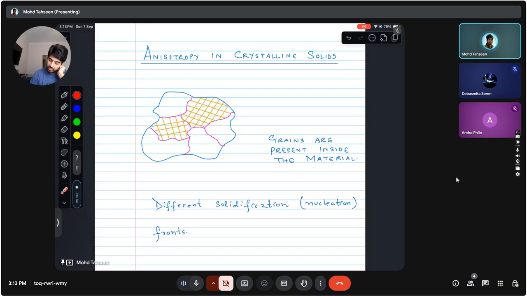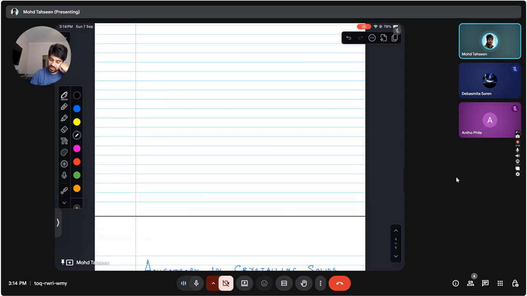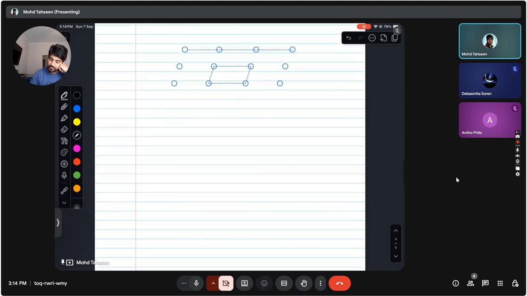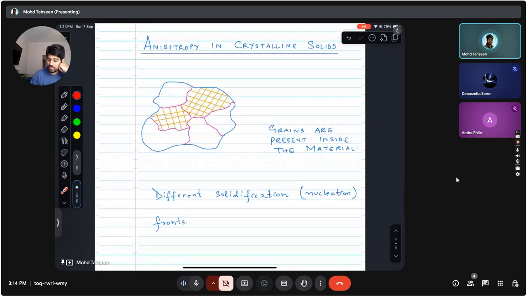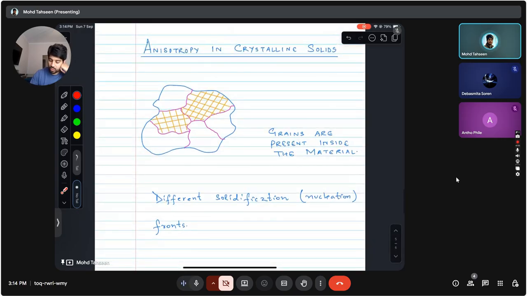Now we can ask the same question again that we asked in this discussion. If we measure the property along this direction and this direction, we argued that they would be different because of the crystal structure. Now what happens in this case? What if I measure some property in this direction?